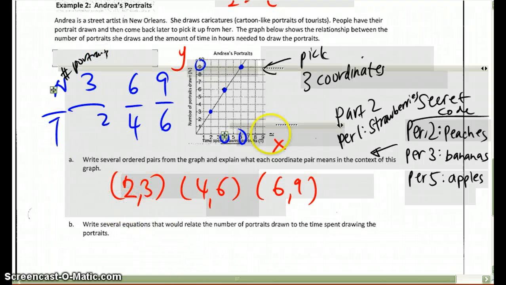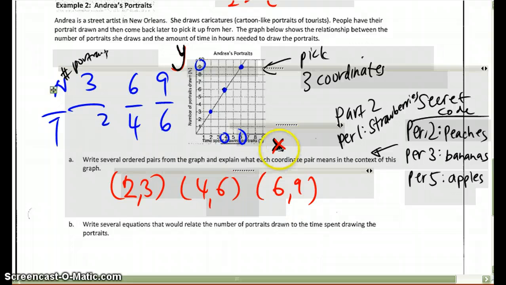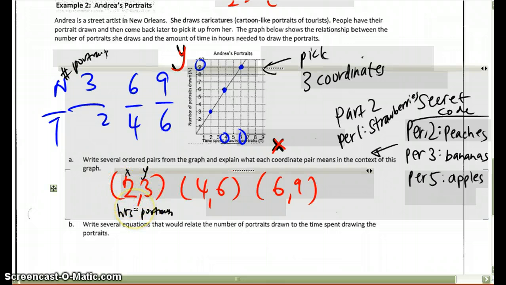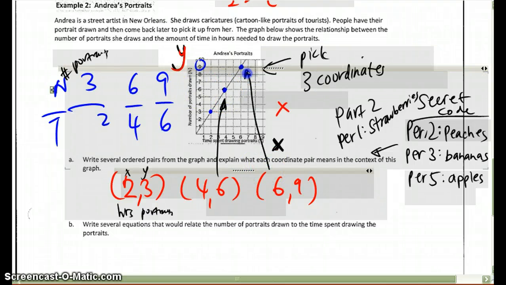So we've got my X on our horizontal axis and the Y on the vertical. So 2 hours, X, gives us 3 portraits, Y, and that's what we see in these parentheses, separated by a comma. 4, 6 means there was 4 hours spent, which is this coordinate right here, and 6 portraits that were produced. And here we have 6 hours spent and 9 portraits produced.